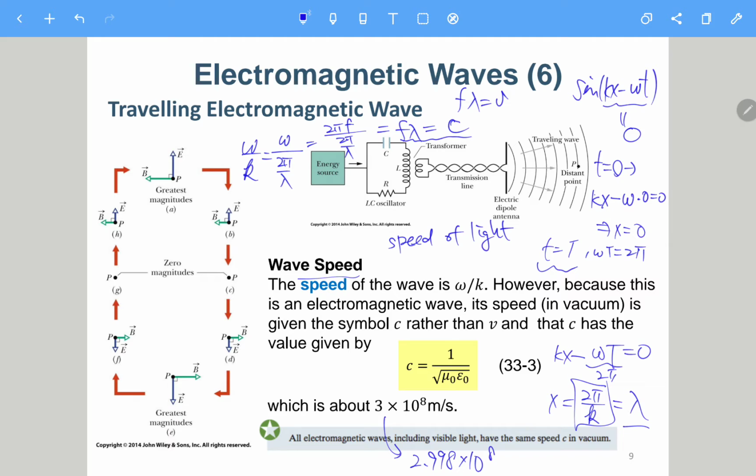Actually I have remembered, for 9 digits, it is 2.99792458 times 10 to the 8th meter per second, something like that.